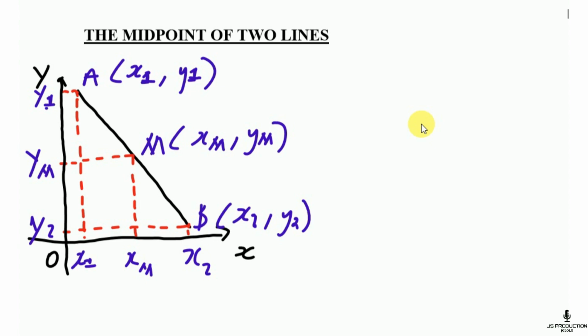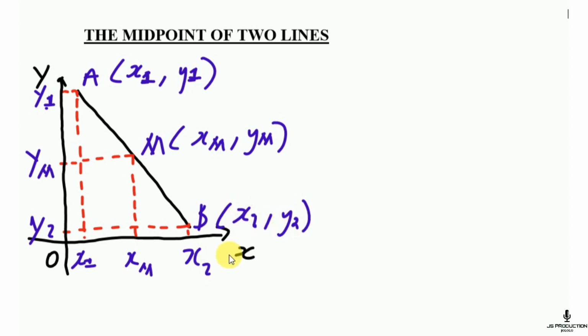And as you can see, I've already drawn my Cartesian plane and have line AB. Point A has the coordinates x1 comma y1, as you can see, we have our x1 there and our y1 there. Then point B is on coordinate x2 comma y2.